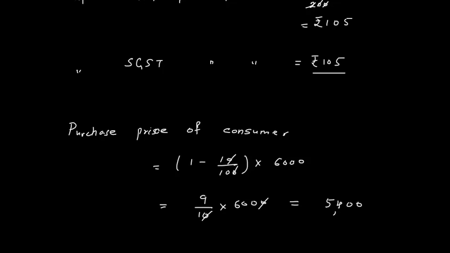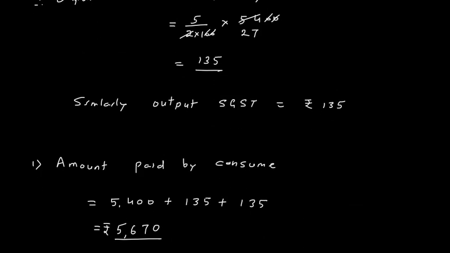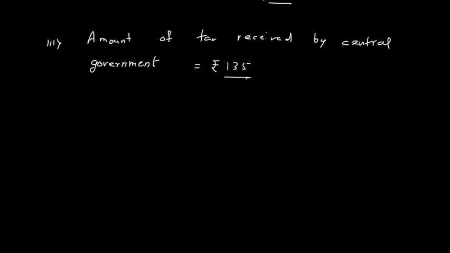But if the question is how much the government has received, then at the end, whatever output CGST or SGST you get is the amount the government receives. So directly from the output GST we can answer what the government actually receives.